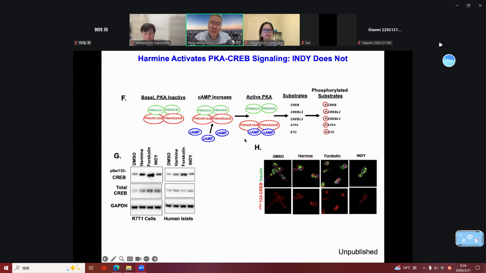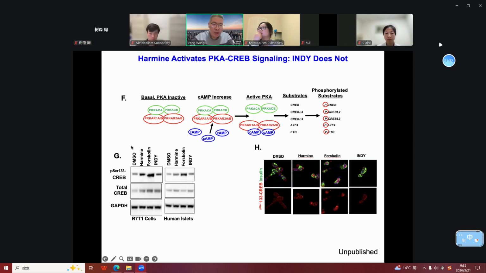So we think if harmine indeed increases binding with PRKAR1A, it should be able to increase PKA activity. So we did Western blots to test whether it can increase downstream transcription factor phosphorylation.